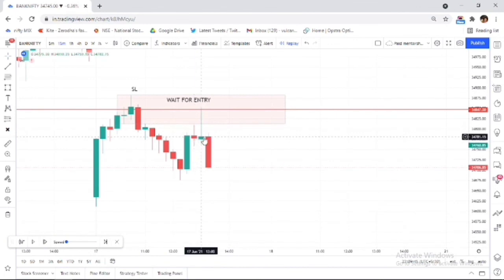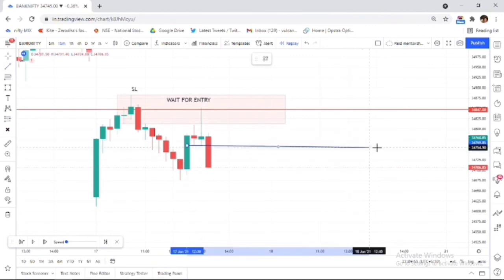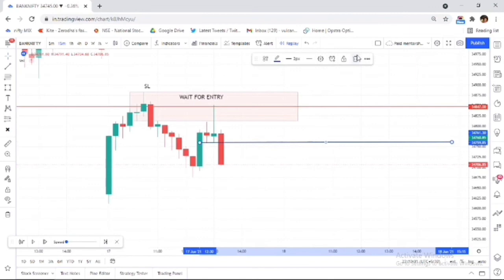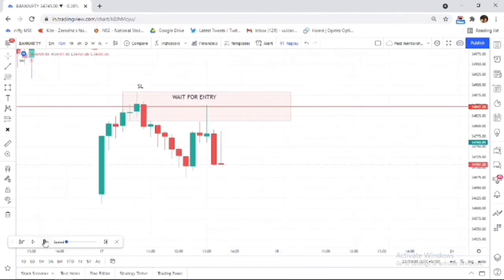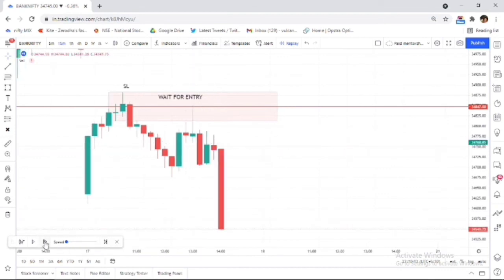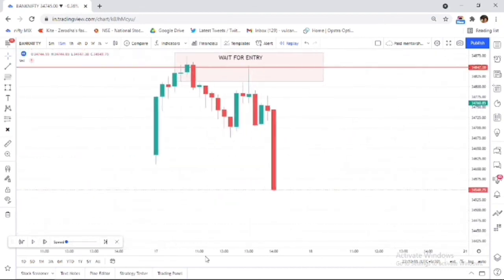What I teach is, if you miss the first order block, just wait for the market to create the secondary order block, and this is my second entry if I miss the first, or if I want to add more orders. Now see how the market behaves here, just feeling resistance from my second candle and falling.